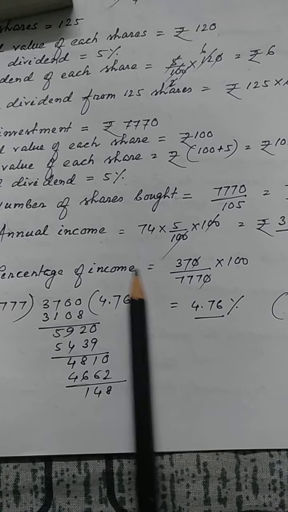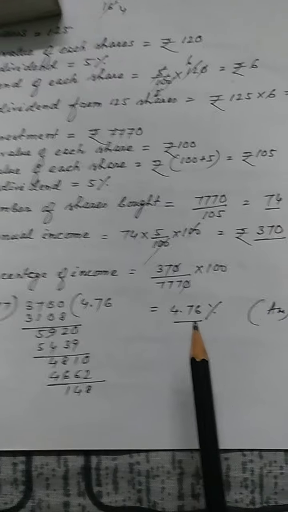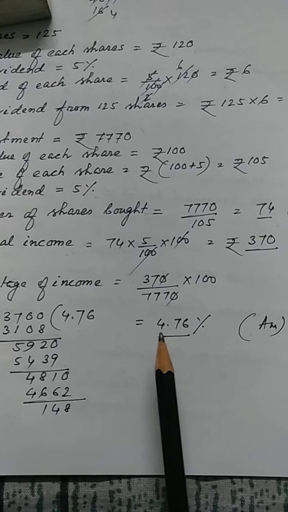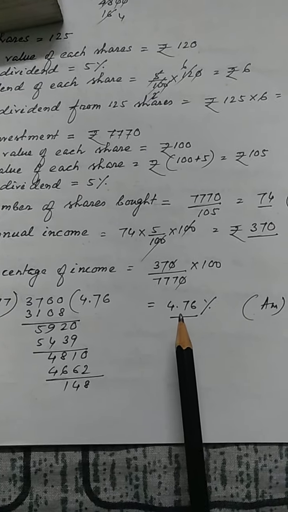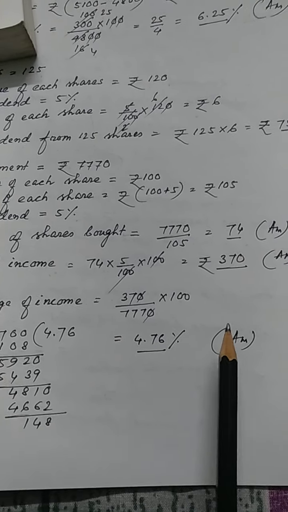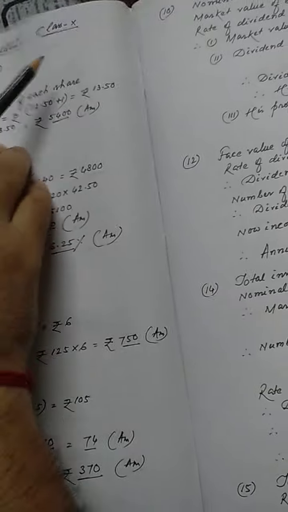So it is 4.76%. So his percentage of income will be 4.76%.